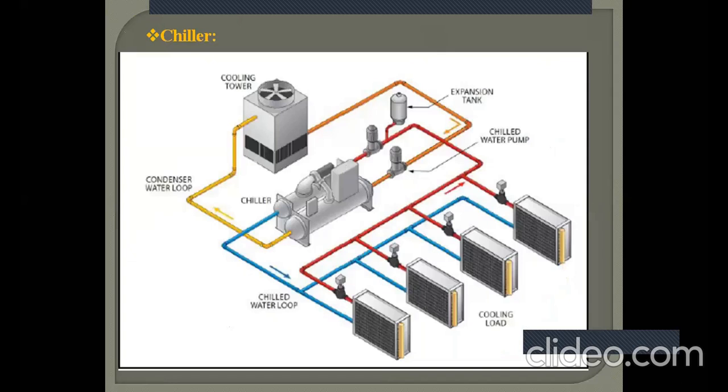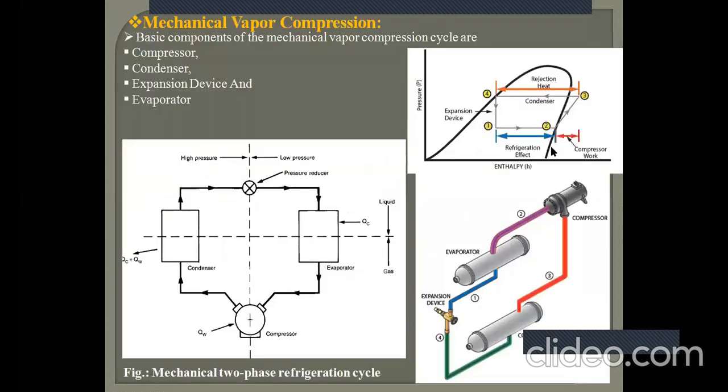Now, chiller is a word that is quite general in the HVAC industry, and you'll observe that a chiller comprises the compressor, evaporator, and condenser. Clear? So it is one package of all these components that we discussed in this cycle.